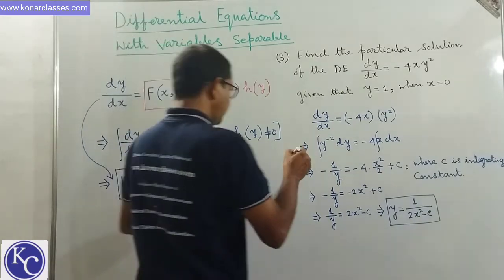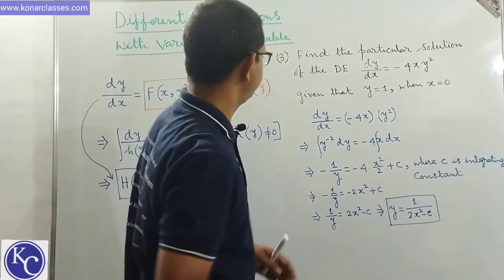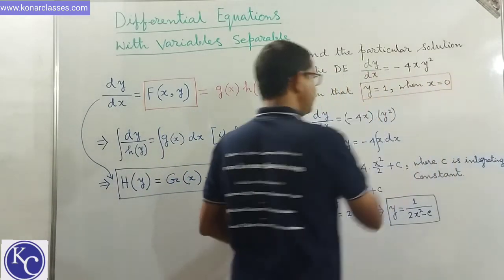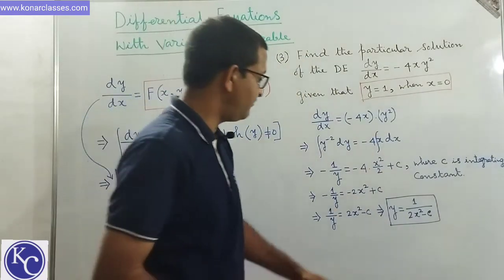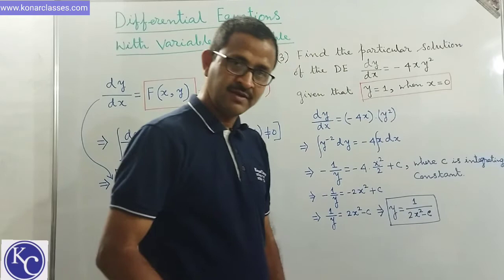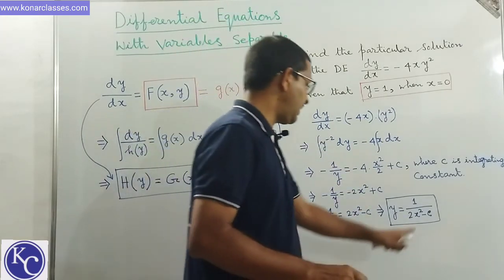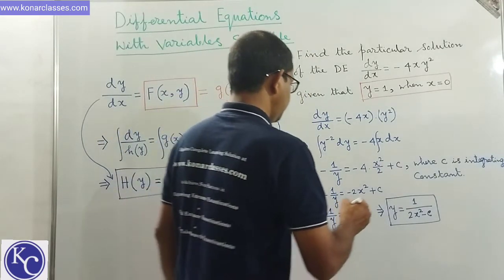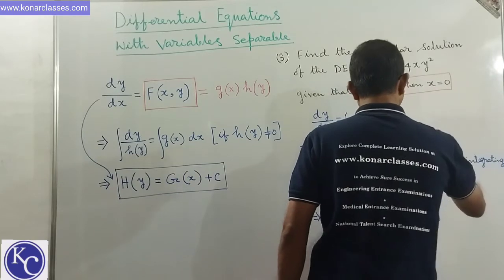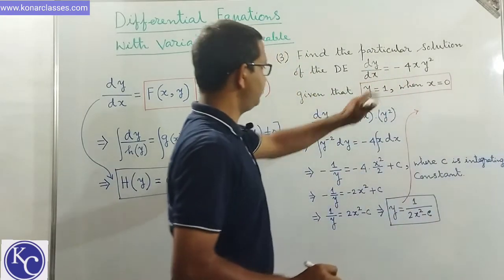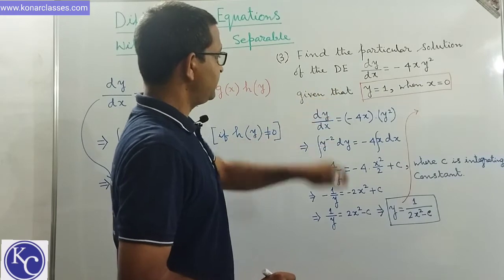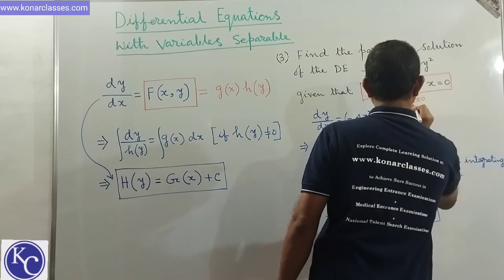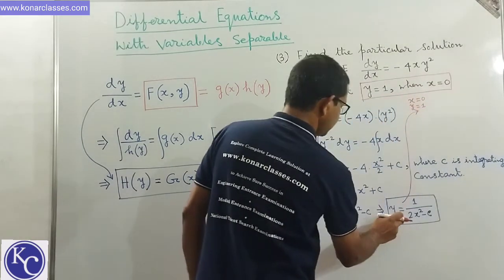Now, according to the question, it is given that y equal to 1 when x equal to 0. This initial condition will help us to find the value of this integrating constant c as a real number, and then we will apply it here and we will get the particular solution. So let me do it here. When x equal to 0, y equal to 1, that means we can write x equal to 0 and y equal to 1 in this general solution.